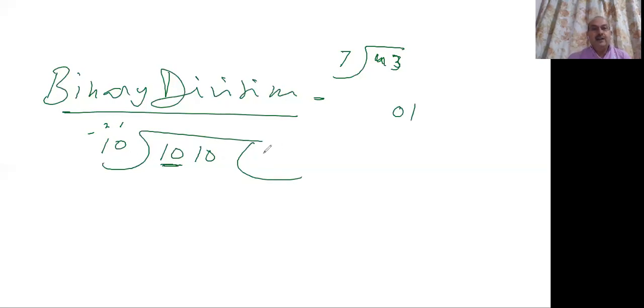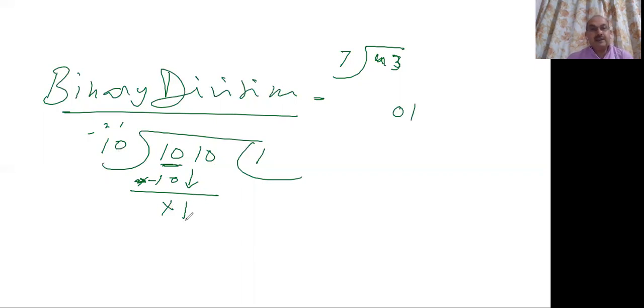So 10. How many times will it go? It will go either 1 time or 0 times. Now this 1 is to be multiplied with 10, so the answer will be 10, and we subtract it. What do we get? Finished. Now we carry this 1 down. This 1 cannot be divided, because it is smaller.